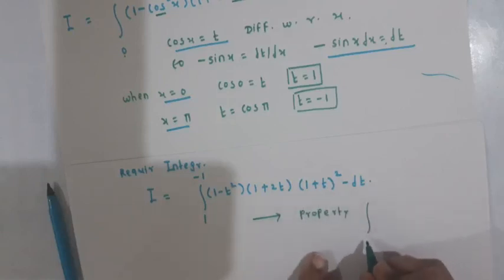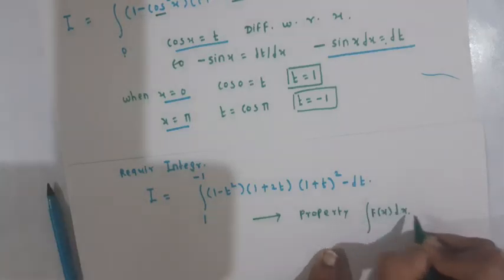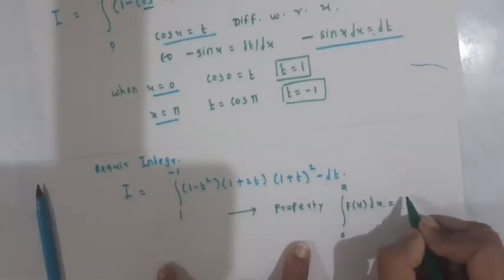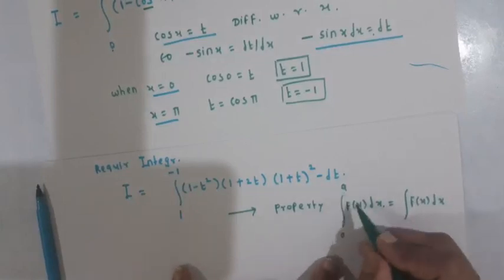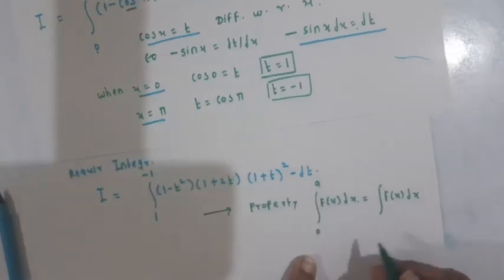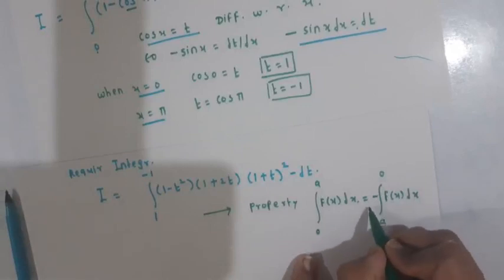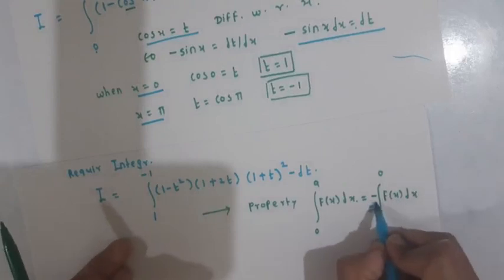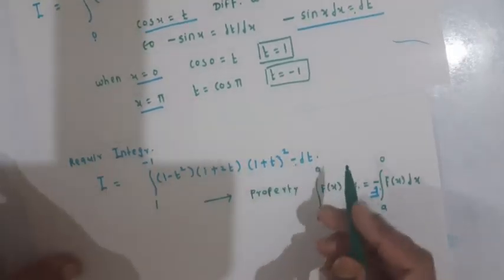That is integration f of x with respect to x from 0 to a equal to integration f of x with respect to x by interchanging the limits of integration, from a to 0, but there is a change in sign of integration, that becomes negative.